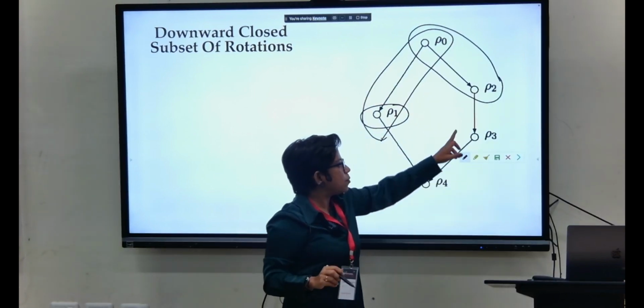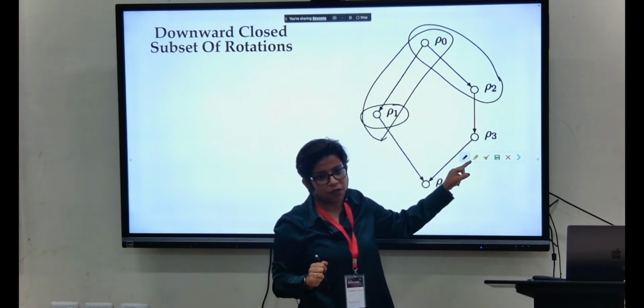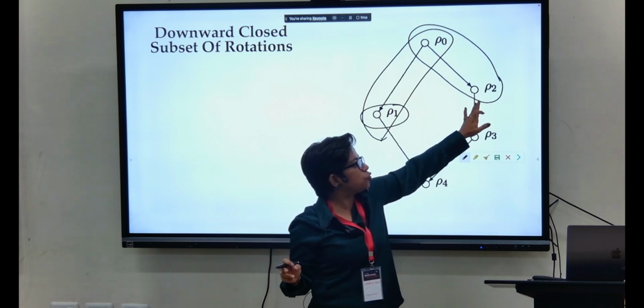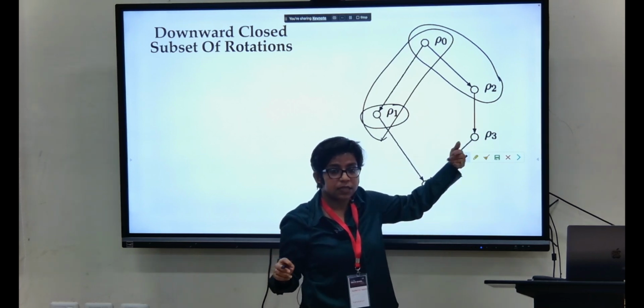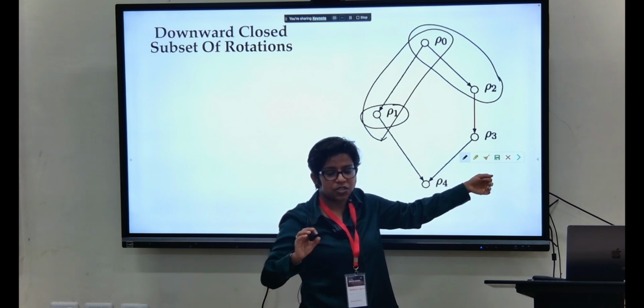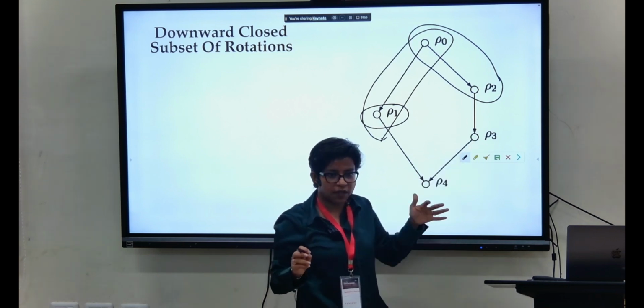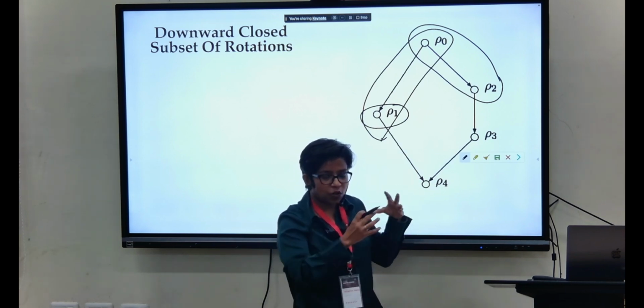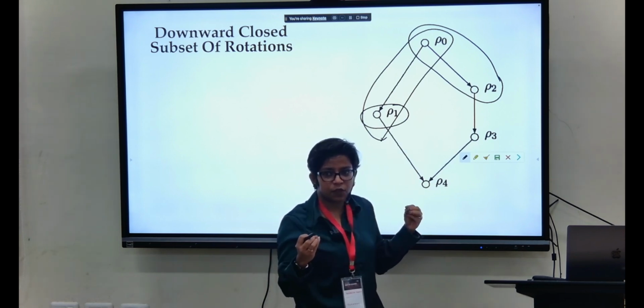Now, notice something, I am not saying anything about what comes after. You can have other closed subsets that contain rho 2 and something that succeeds rho 2. The constraint is everything that comes before must be included. Okay? So, it is called downward closed, closed in the sense of transitive closure, if you are familiar with this.